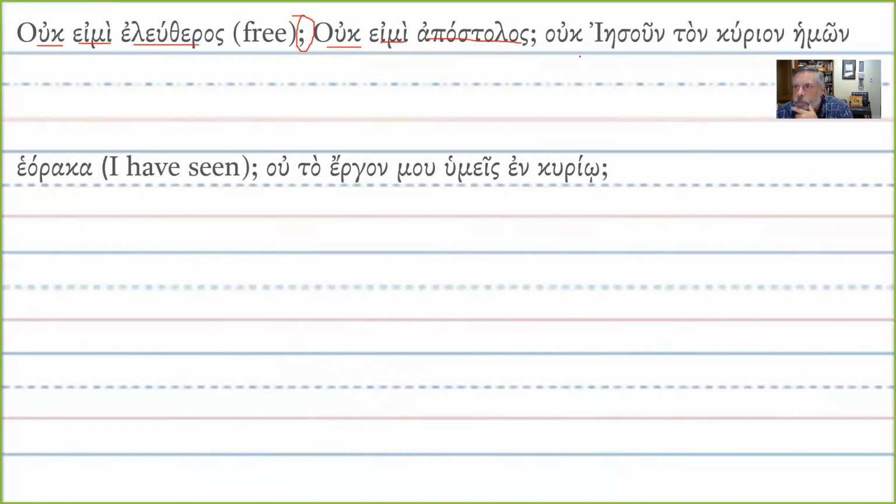Question. And here's a little different. Not, and this is the accusative, see the ton, not Jesus, accusative, Lord, our Lord. There's a first person genitive, modifying Lord. Here's our verb for that clause, heōraka, I have seen. So I got my verb here. I have. I don't really have a stated subject, but I have an implied subject in the verb.